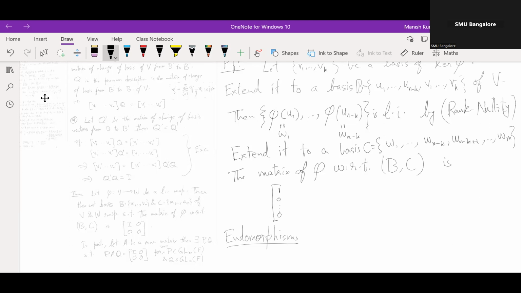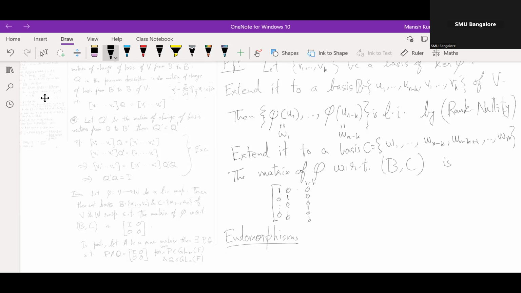So the coefficient of W1 is 0, the coefficient of W2 is 1, and the rest of the coefficients are 0. So you get 0, 1, 0, 0, and so on, until you reach the n minus kth spot. You'll get 1 there, the diagonal entry will be 1, and then again 0, because phi of U n minus k is just W n minus k.